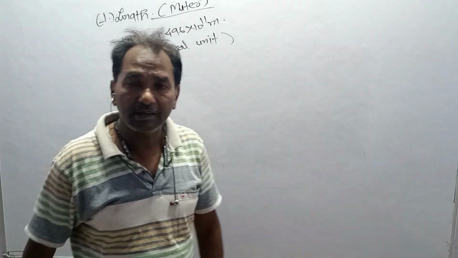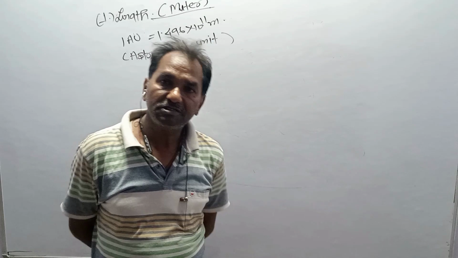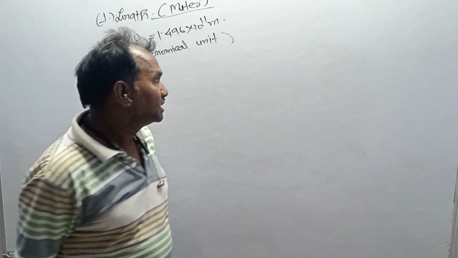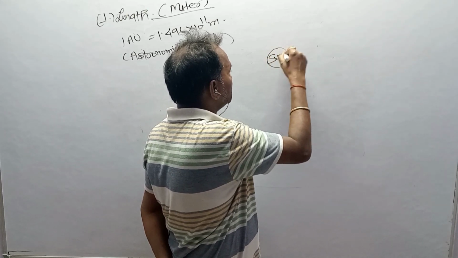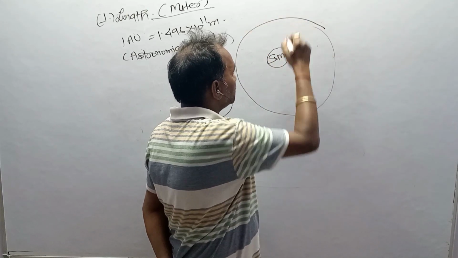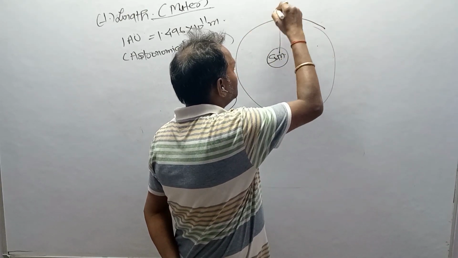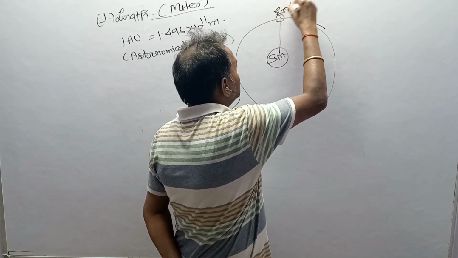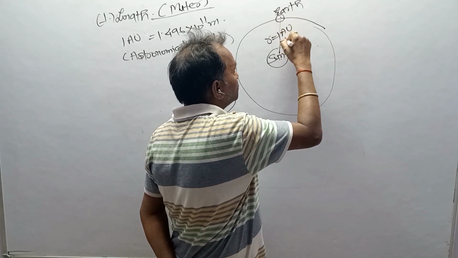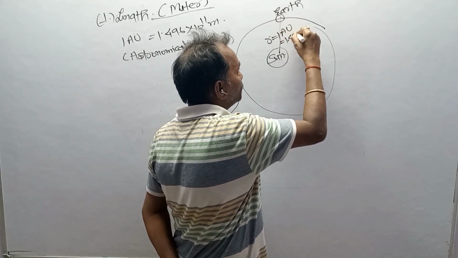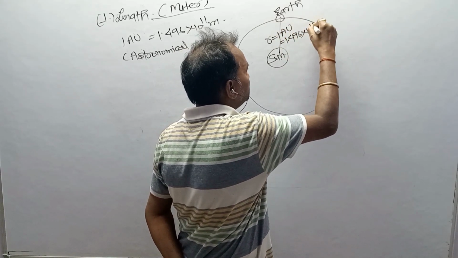Like this is the Sun, and Earth is revolving in a particular orbit around the Sun. This is Earth, and the radius of this orbit is equal to 1 AU, which is 1.496 into 10 to the power 11 meter.